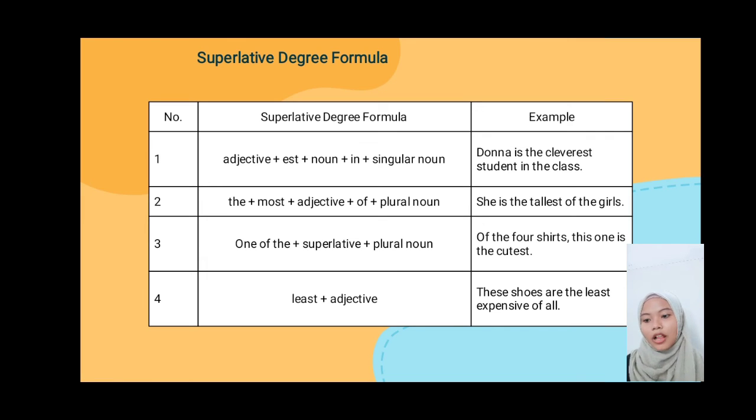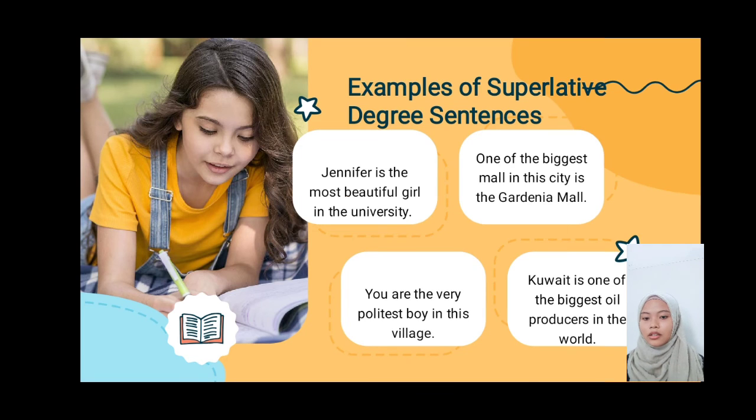The next, there are examples of superlative degree sentences. The first, Jennifer is the most beautiful girl in the university. Okay, what is the formula? The formula is most beautiful. Why most beautiful?